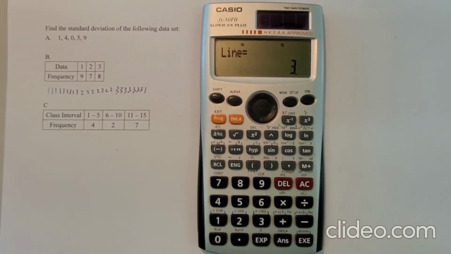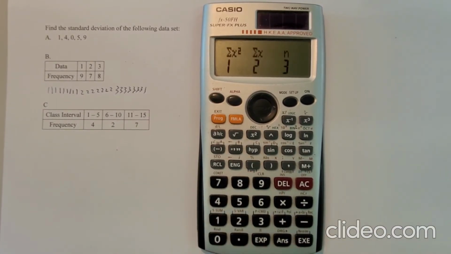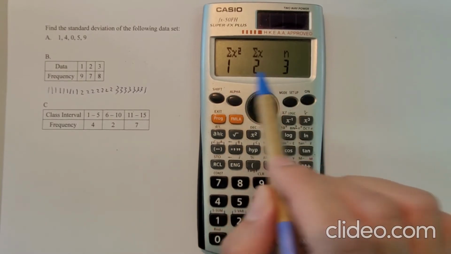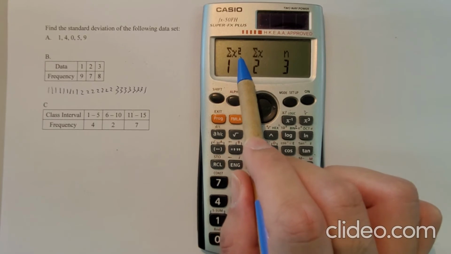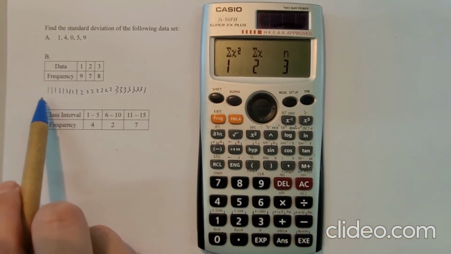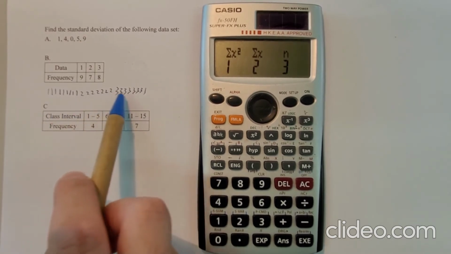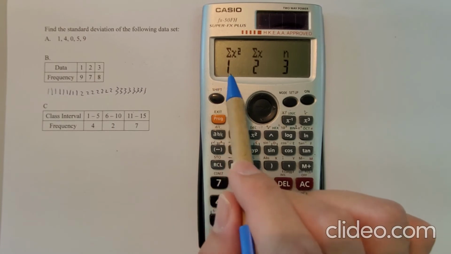So how do we check the total number of data? Shift 1. You can see there are different things. The first one is talking about the sum of the squares of every number. That means 1 square plus 1 square plus 1 square and so on, plus 2 square, and up to the last one, 3 square. We usually do not use this.